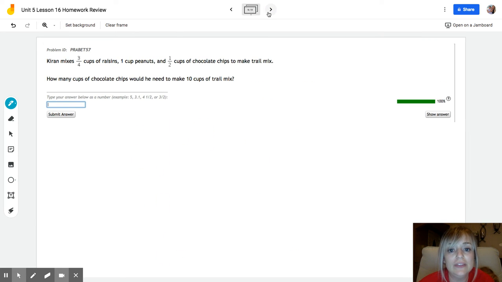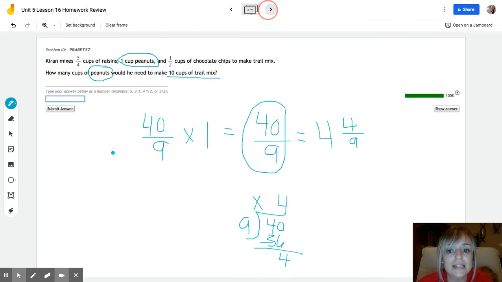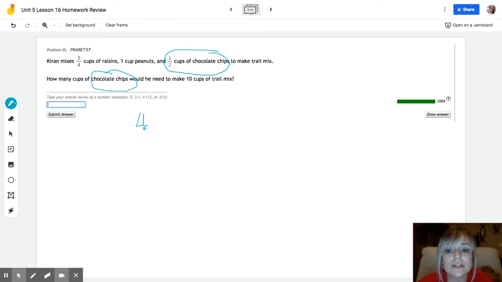Okay, and then the last one, it said same problem. Now we're looking at the chocolate chips, which is 1/2 cup of chocolate chips. And so we're still going to use this number, 40/9, but now we're multiplying it by 1/2.